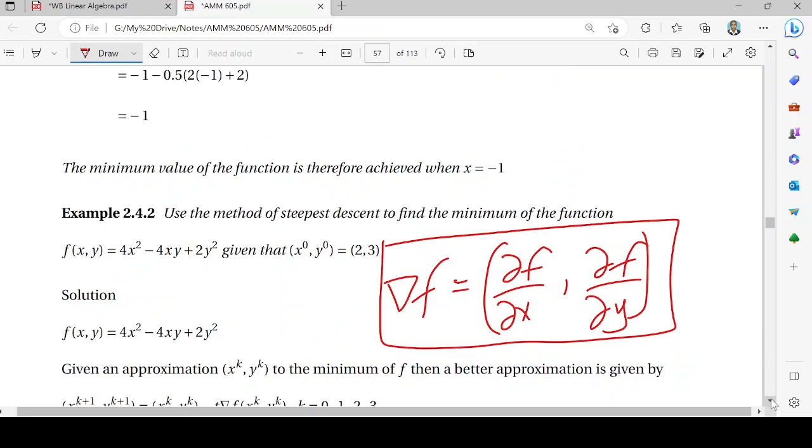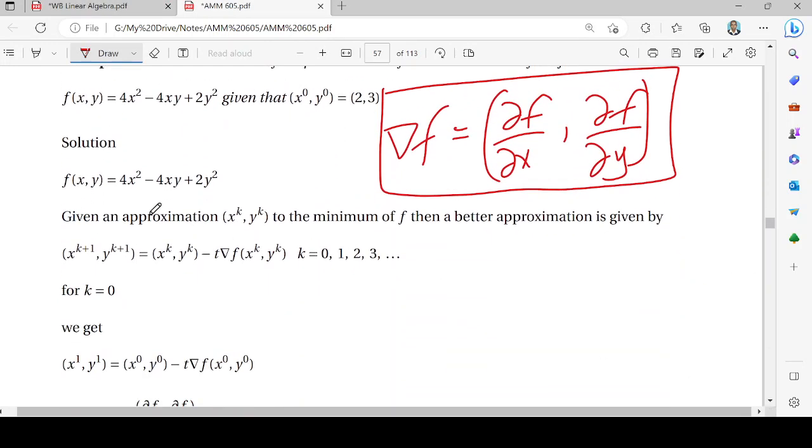In this case, we have the same method as before. Remember, our method was x_{k+1} = x_k − t times the gradient of f at x_k. But now our point is not just one value x_k; we have x and y.